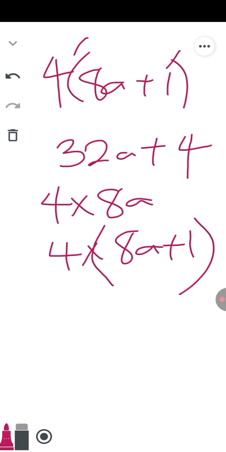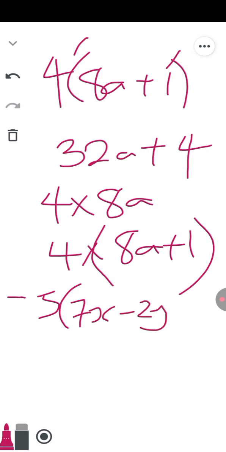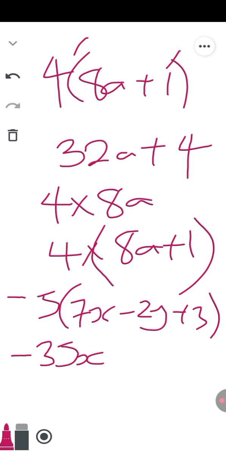Okay. Another one. What if I have minus 5 multiplied by 7x minus 2y plus 3? What would that be? Minus 5 times 7x. That's minus 35x. Don't forget the minus.